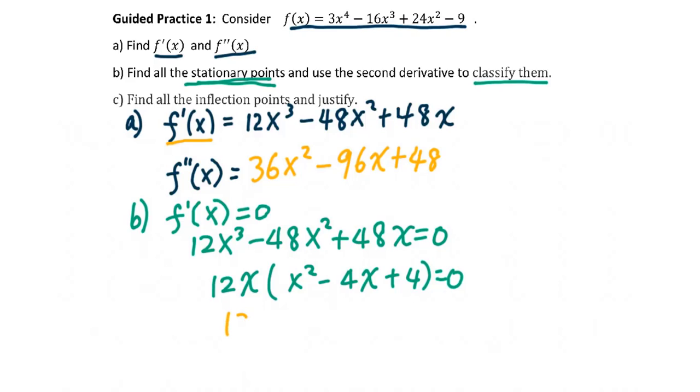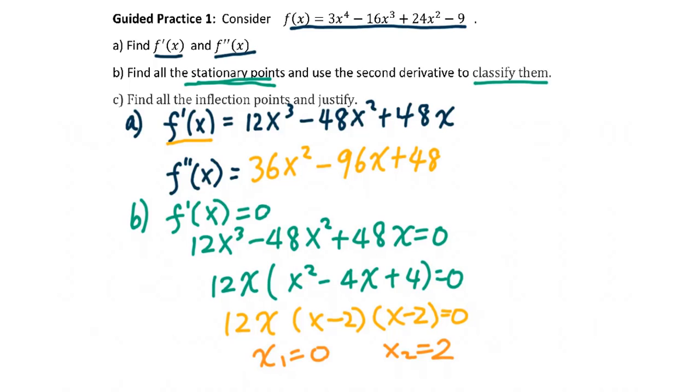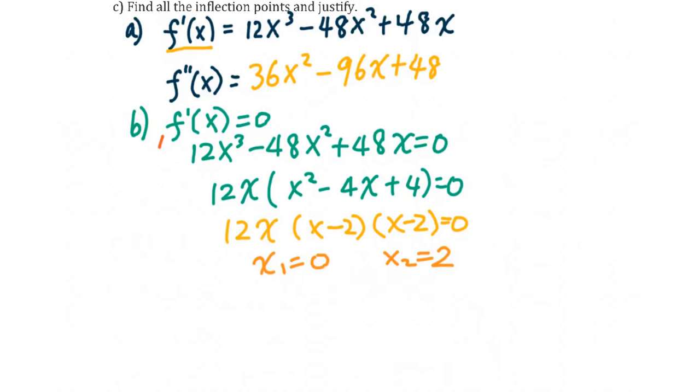Keep factoring and you get 12x times x minus 2 times x minus 2 equals 0. Therefore x1 equals 0 and x2 equals 2. This is the first step.